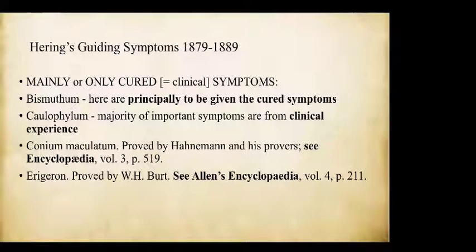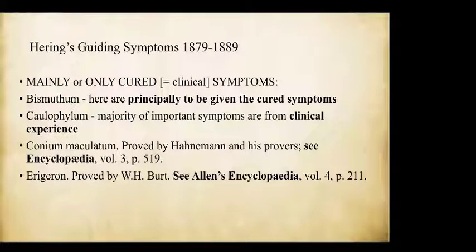We keep on confusing that and believing that Guiding Symptoms is a collection of proving symptoms. Not so. Only the provings done by Herring himself that are in Guiding Symptoms, like Lachesis, Caladium, etc., they are proving symptoms.